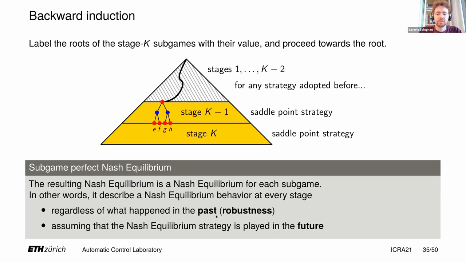Okay. This is where the robustness of subgame perfect Nash equilibria comes from: the fact that I know everywhere in this game what the Nash equilibrium, or the best thing to do, is for the players, regardless of what happened before, even if I end up in a place where I shouldn't be.